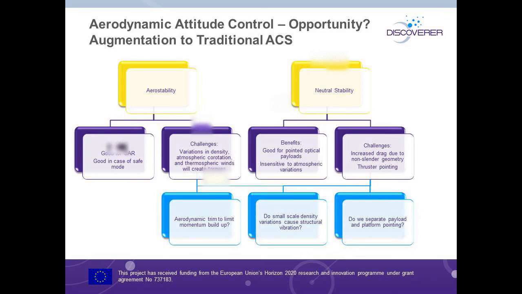So we've talked about the benefits, we've talked about some of the challenges here. Another challenge is to do with just the control of the satellites. As soon as the aerodynamics become significant, then you have a control problem, which has many and varied implications. What I've got here, in this particular slide, is aerodynamic attitude control as an augmentation to traditional attitude control systems.